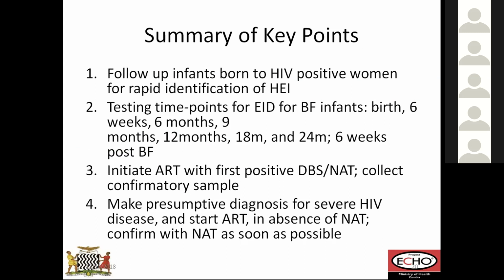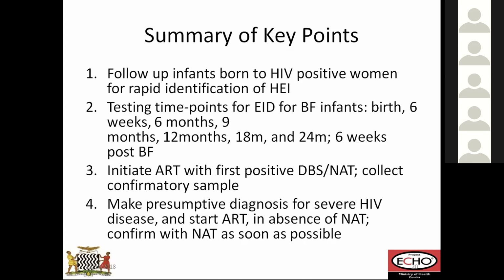Testing time points to remember for HIV exposed infants: we need to test them at birth, at 6 weeks, at 6 months, at 9 months, 12 months, 18 months, and 24 months. And then if they stop breastfeeding, 6 weeks after they've stopped breastfeeding, with the first test up to 6 months being a nucleic acid test. And from 9 months onwards, you need to do a rapid test first. When it's positive, you proceed with the nucleic acid test.